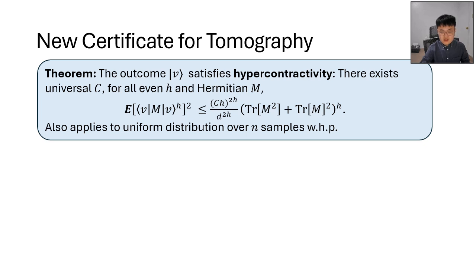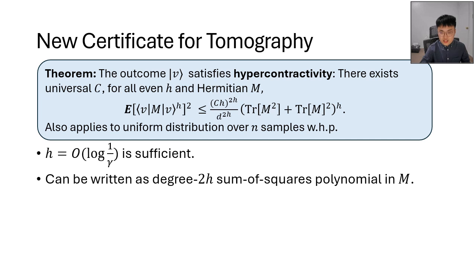So it turns out that the certificate that's good enough for our purpose is hypercontractivity, which essentially requires that any degree 2 polynomial of our outcome vector should have bounded higher order moments. And it is sufficient to just choose the order h to be roughly log 1 over gamma.